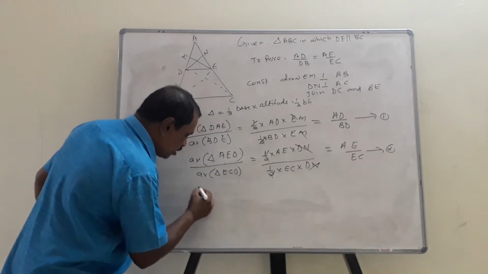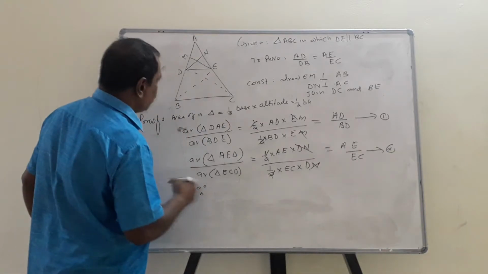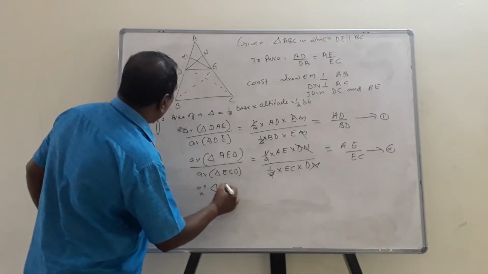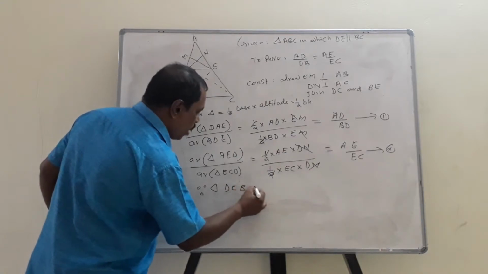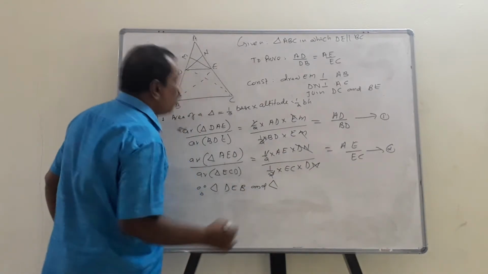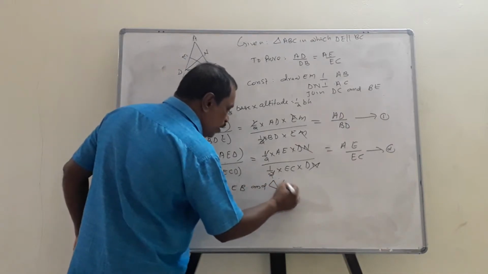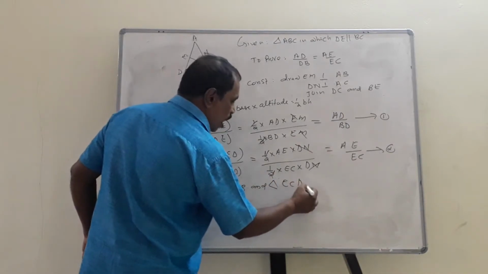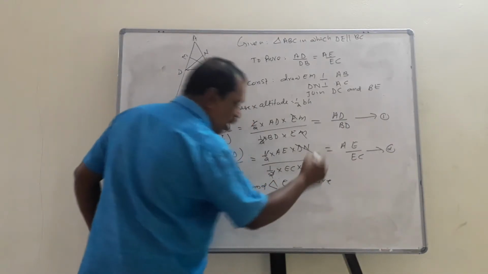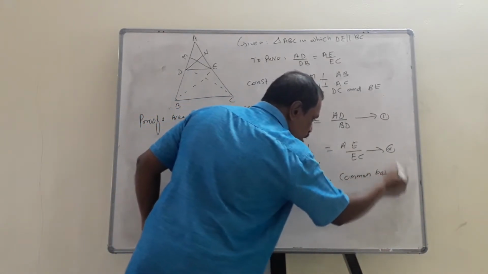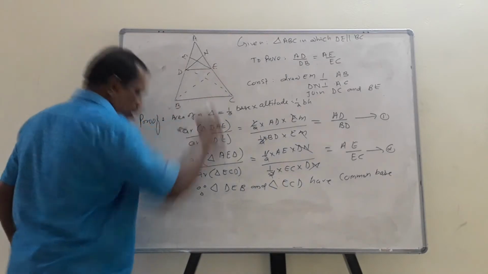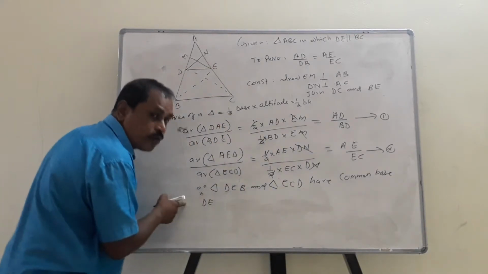So since triangle DEB and triangle ECD have a common base, what is the common base? D. This point you have to write.